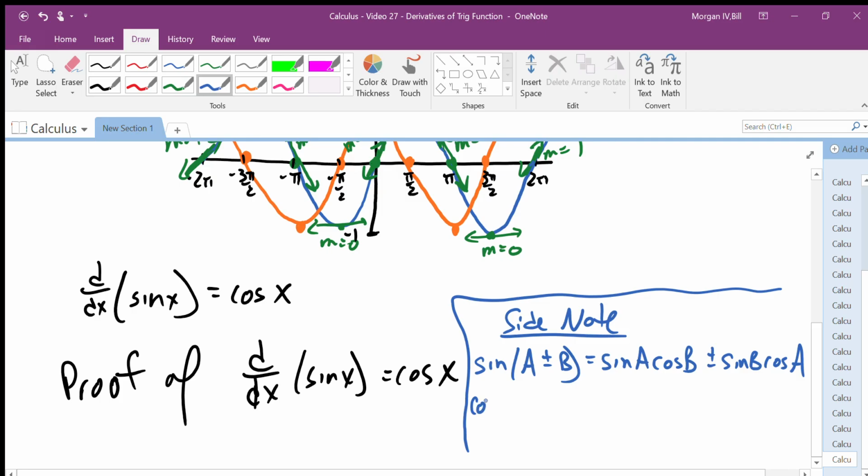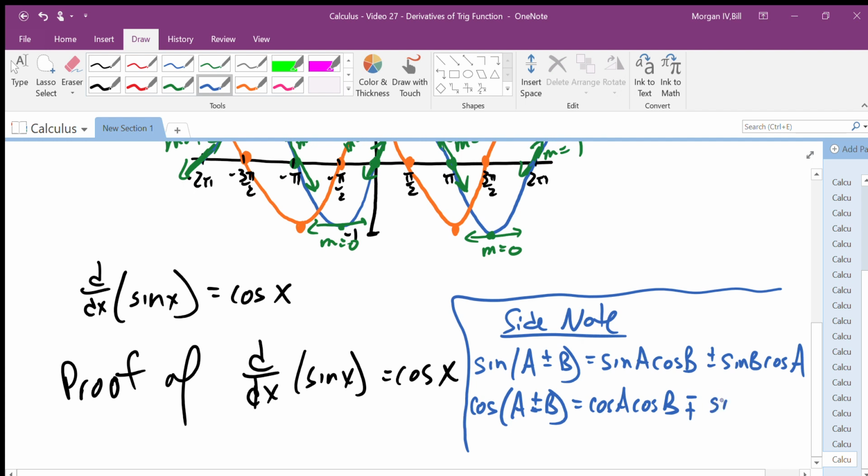The cosine of A plus or minus B is cosine and cosine. It's cosine A, cosine B. But if you're adding A plus B, you actually get a minus here. And if you're subtracting in the original angle there, you get a plus. So the signs switch. If it's plus, it's minus. If it's minus, it's plus.